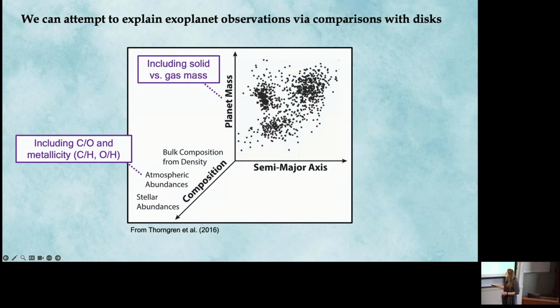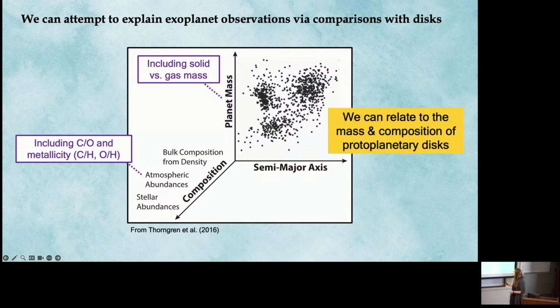In particular, for the giant planets, their atmospheric composition, including C to O ratio and metallicity, which here I'm considering to be the carbon to hydrogen and carbon to oxygen abundances in these atmospheres. And these are all quantities that we can relate to the mass distribution and chemical composition of protoplanetary disks to try to connect these observed planets back to their early formation conditions.